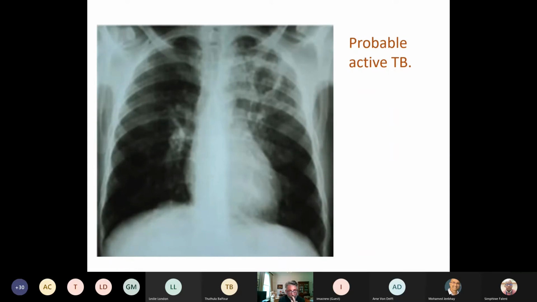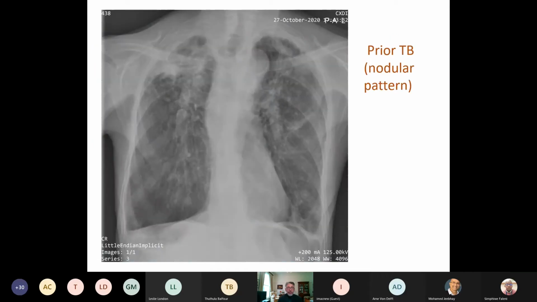And again, it's a fairly gross example, gives you an idea what tuberculosis looks like. So we should be thinking now, how well can CAD identify this, and how does it compare to humans? So now it starts to get difficult.